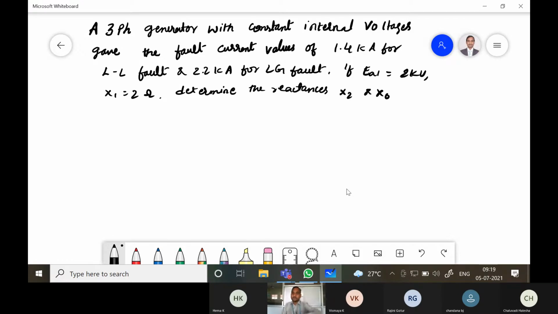So in this problem, there are two faults, right? One is LL fault, another one is LG fault. First we'll consider the line to line fault. The interconnection of sequence networks for the LL fault is to be drawn first.